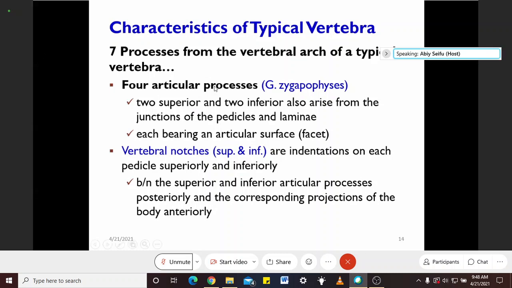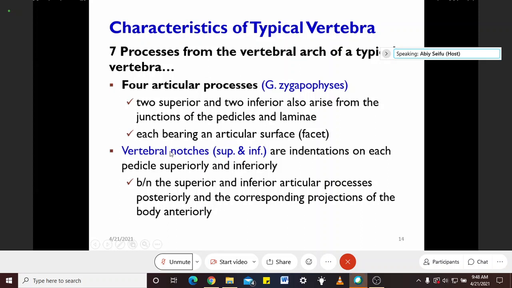The arrangement, the size, as well as the orientation of the facet found on the articular process also vary from region to region, and that determines the degrees of movement and the types of movement that occur in each region. So primarily the degrees of movement and the types of movement are determined by the zygapophysial surface.